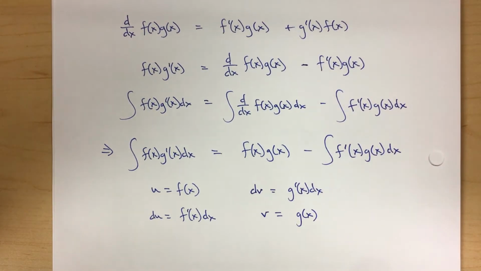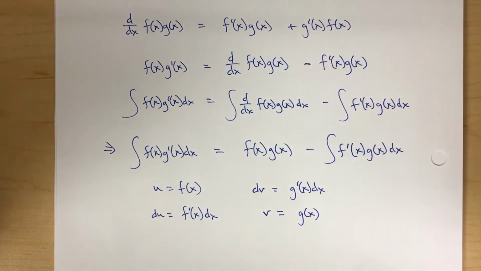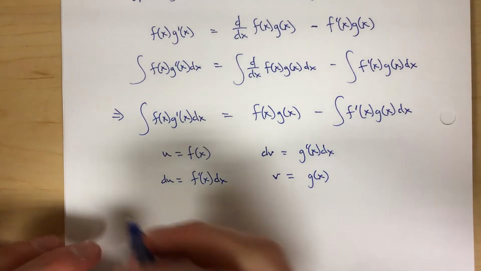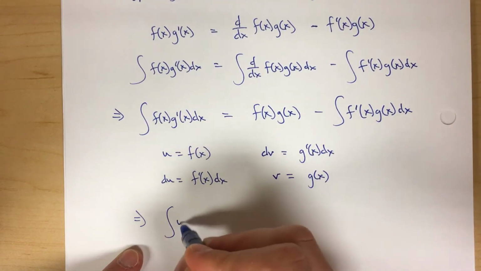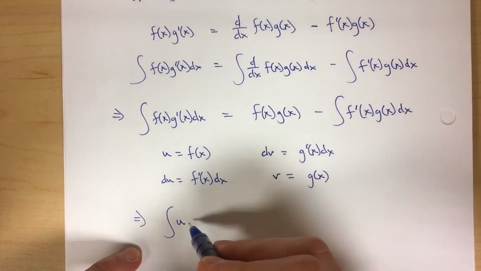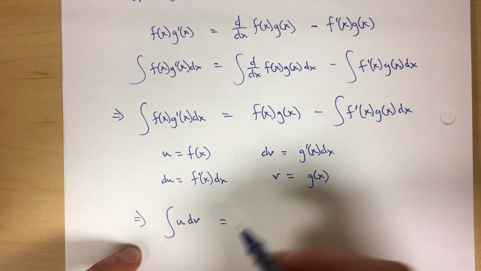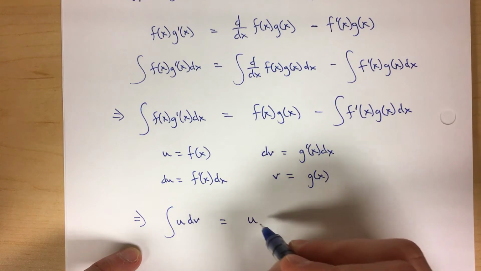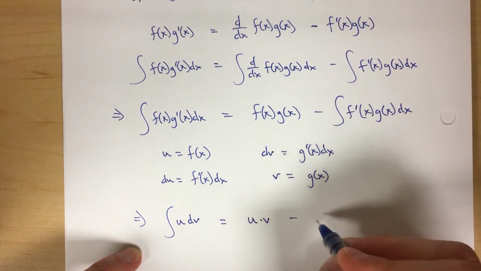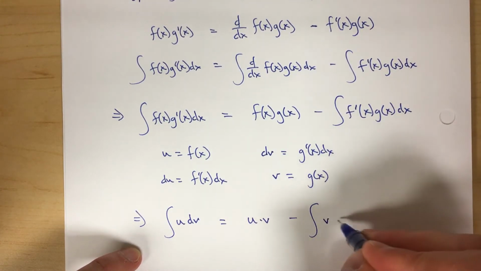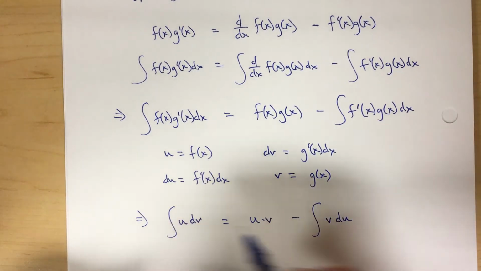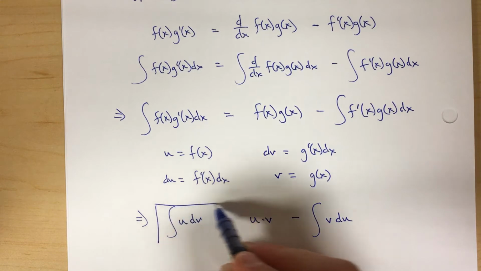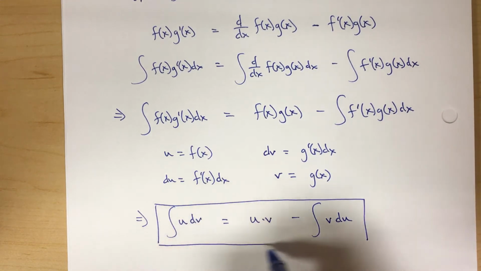So we're basically just writing u and v instead of f and g, and that gives us the following rule. The antiderivative of u dv is equal to u times v minus the antiderivative of v du. Okay, so this is how we usually write the formula for integration by parts.